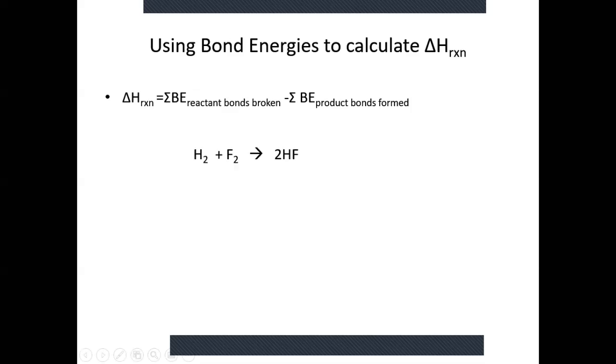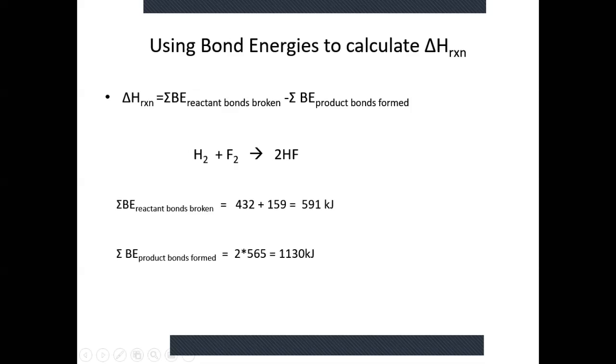So here we have H2 plus F2 gives us 2HF. You look up the bond energy. An HH bond is 432 kilojoules, and an FF bond is 159. So the total energy of the bonds broken in the reactants is 591. Since we have two HF bonds, we multiply 565 by 2, we get 1130.